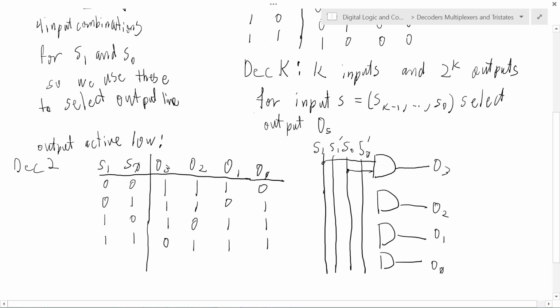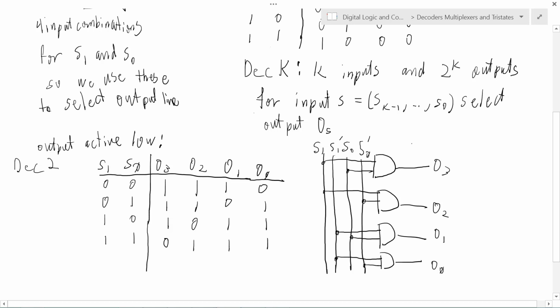For O2, we have S1 equals 1, S0 equals 0, so S0 prime. For O1, S1 is 0, so S1 prime, and S0 is 1. And then for output 0, we have input S1 prime and input S0 prime.